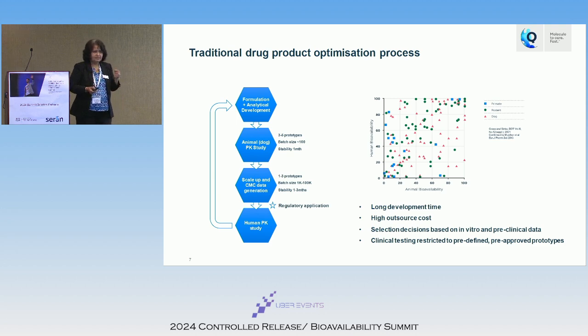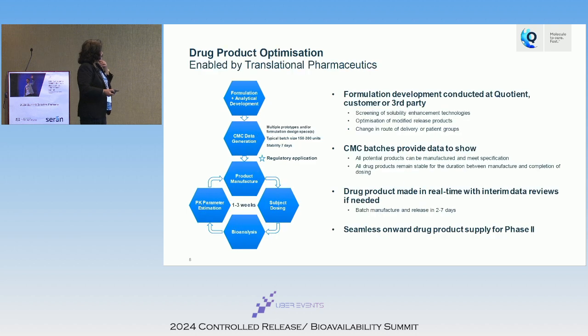And so when we see this as a challenge, at Quotient, we talk about drug product optimization by using translational pharmaceutics. What that means is we are going to do the same thing. We are going to do formulation analytical development at the early stage. We are also going to generate CMC data for regulatory submission. However, we are not going to make big batches. We are not going to be limited to 2 or 3 prototypes. We are going to develop something called design space.